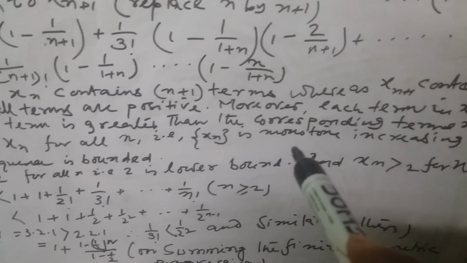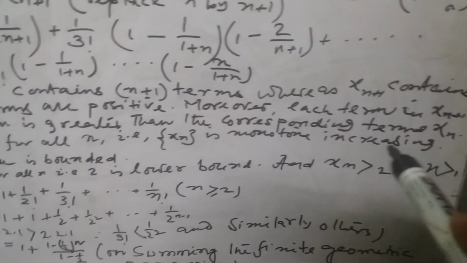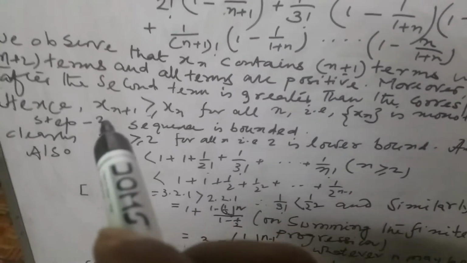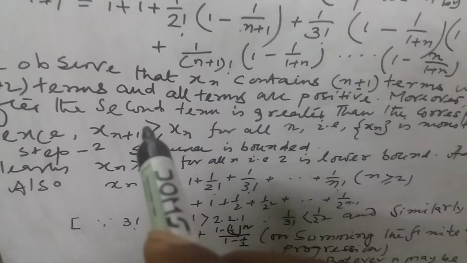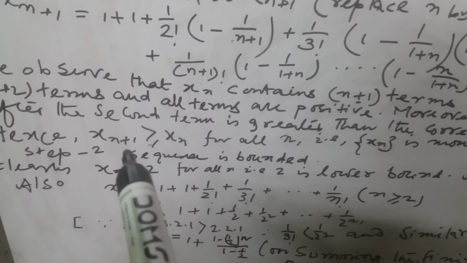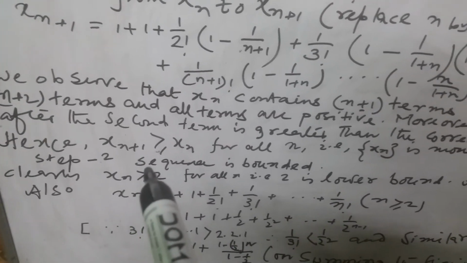Xn is a monotonic increasing sequence, because it obeys the definition of monotonic increasing.